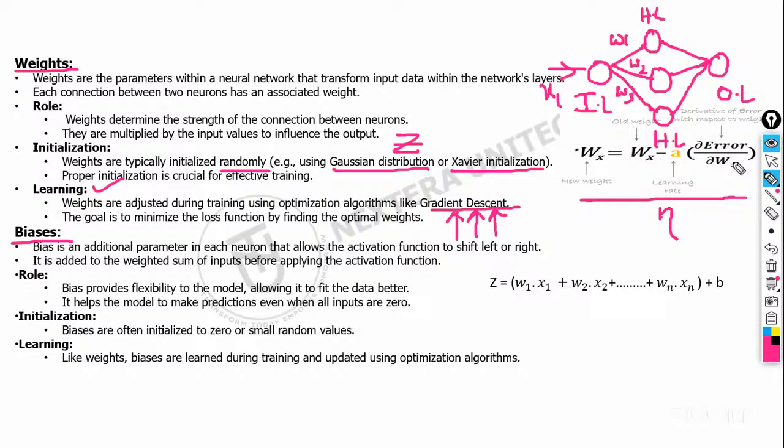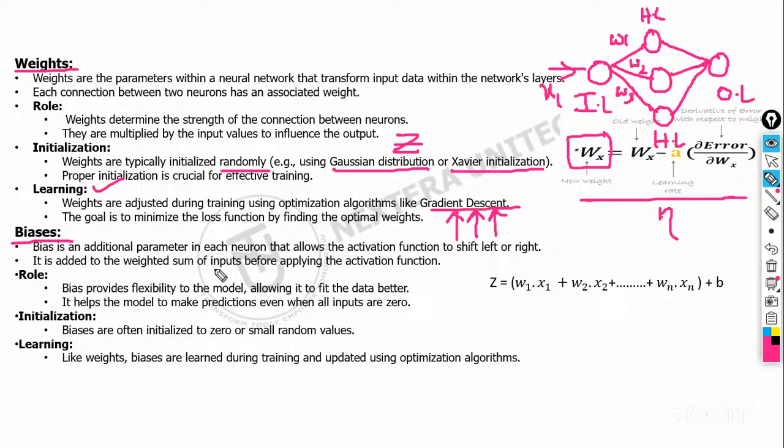Making sense? Yes. So this is how the weights get adjusted. And how are they adjusted? They use an optimization algorithm called gradient descent. We'll discuss it in the next class. Probably it is not possible to discuss gradient descent in this session itself.